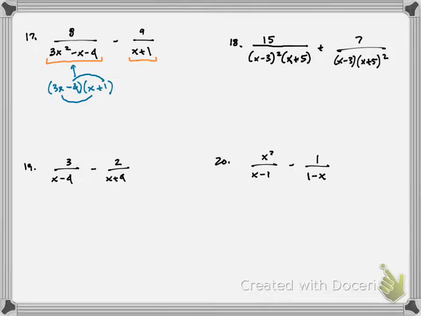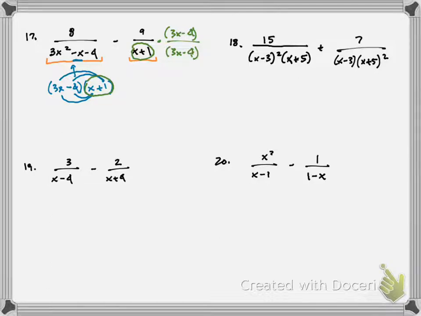There's a plus 3x and a minus 4x, which gives me the minus x that I'm looking for. Now, if you look carefully, you have a factor of x plus 1 here, and there's a factor of x plus 1 over here. If I multiply this fraction by the quantity 3x minus 4 over 3x minus 4, then I now have a common denominator.